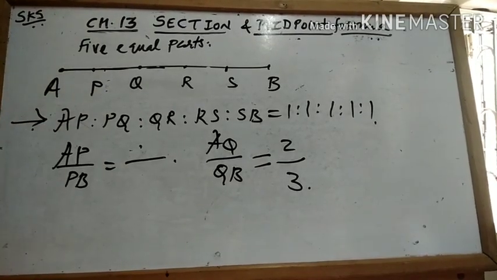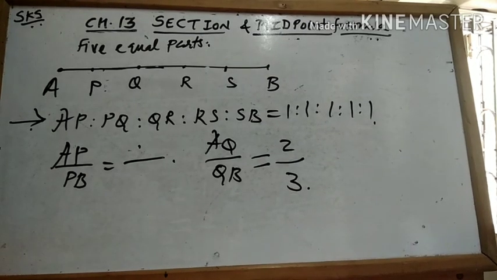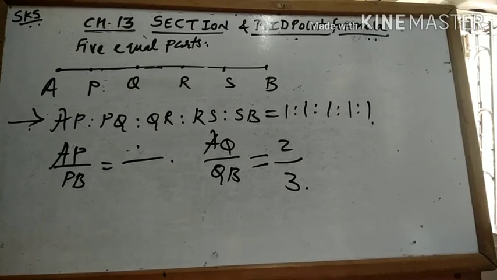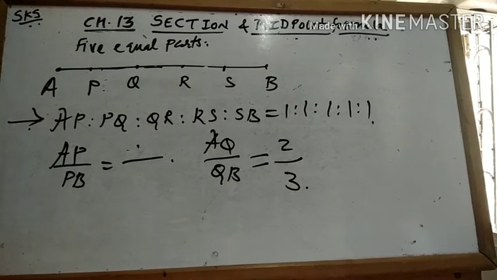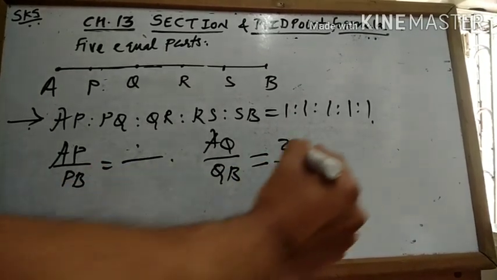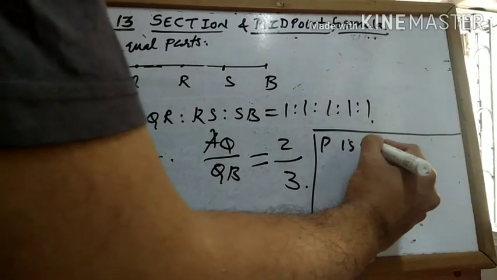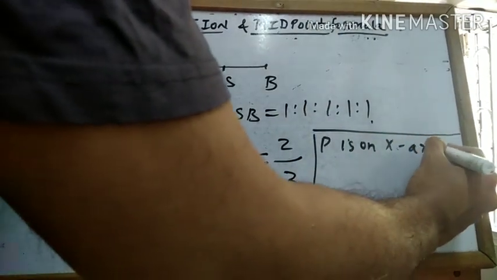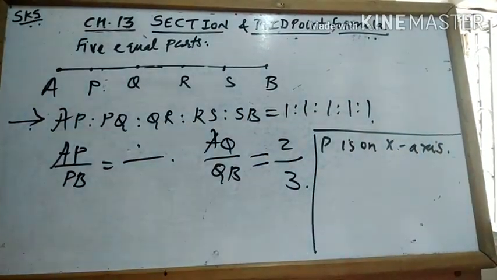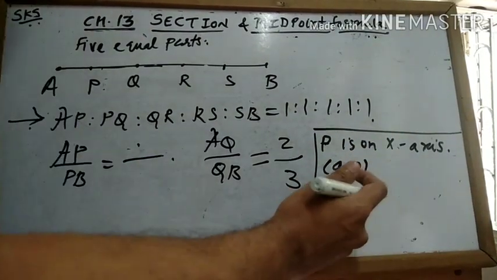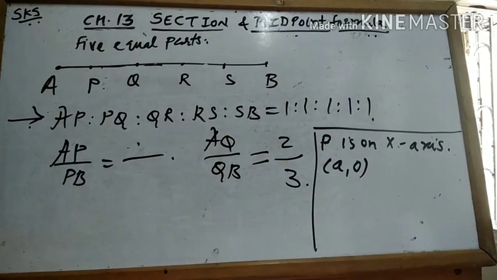Fine. Based on this concept, there are quite a few questions, and let me remind you, before you start with the exercise, that whenever I say point P is on the x-axis, its coordinates will be a comma 0, where a is some number, and its y coordinate will be 0.